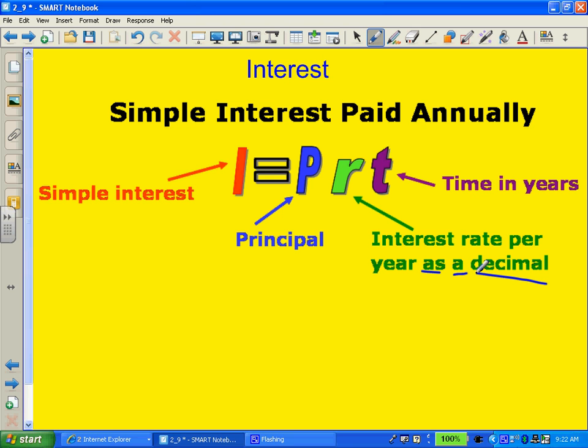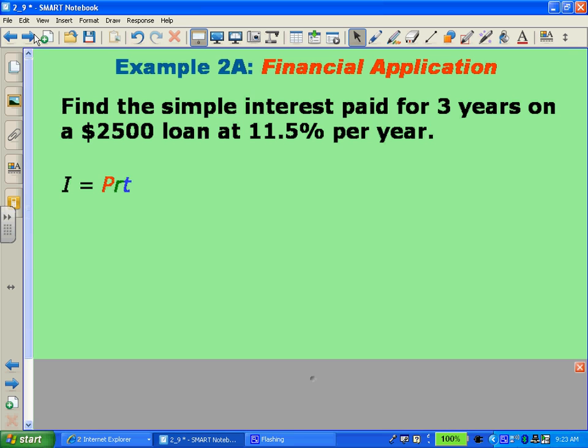So if your rate is like 8%, that would be 0.08 in the equation. And then T stands for time, and make note here this is in years. So if you have 6 months, you have to change that to 0.5 because it's half of a year. So time in years.